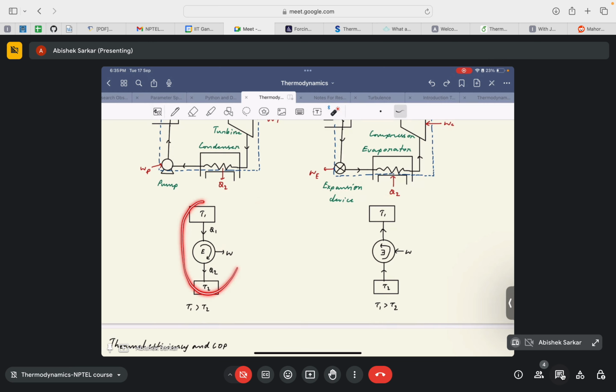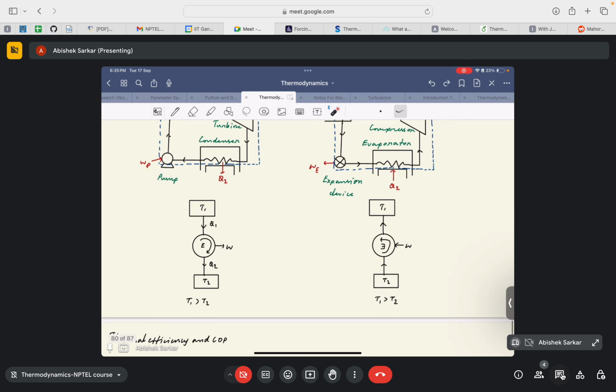In the case of a heat engine, we denote it as a simple E and a clockwise direction arrow, and in the case of a reverse heat engine, we denote it as a reversed E and an arrow in the anti-clockwise fashion. So these are the sign conventions or symbols used to distinguish a heat engine and a heat pump or a refrigerator.